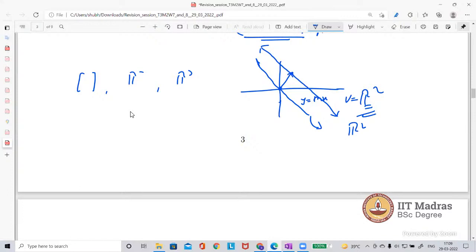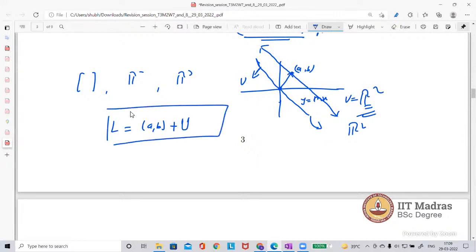Let's say this is the vector AB, as we did here, and we denote this subspace as U. So the affine subspace is L equals the vector AB plus U, where U is y equals mx. So this is an affine subspace of R2.